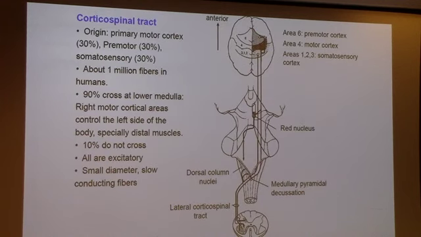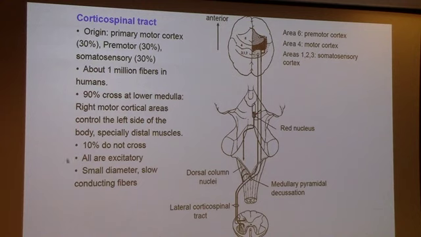For the corticospinal tract, most of it, like 90%, will cross the midline at the lower medulla, at the decussation. So for this 90%, your right brain is controlling the left side of the body.